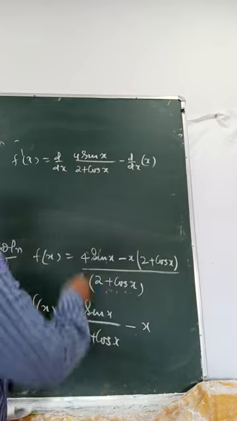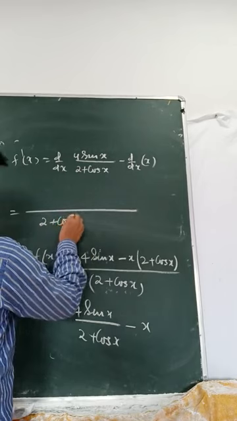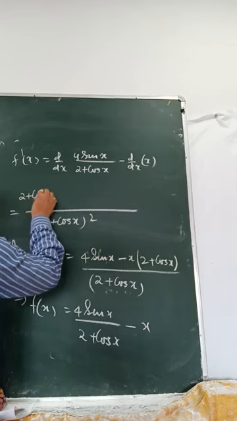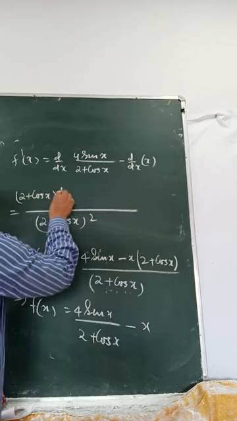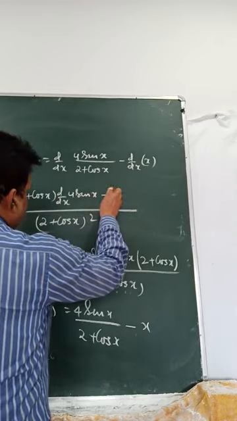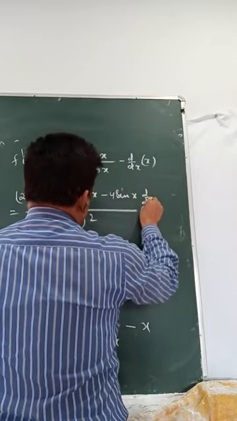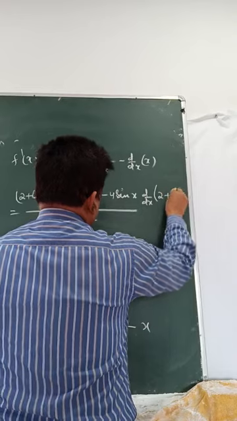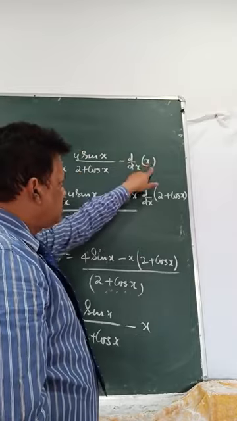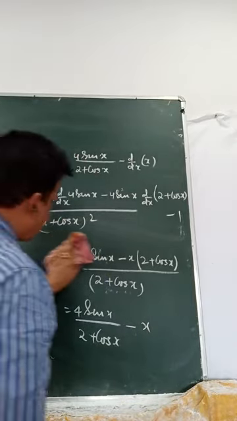Division rule means it will be the square of the denominator, derivative of numerator minus numerator into derivative of denominator. Okay, this is for this part. What about this? x with respect to x is 1. Okay, let's simplify it.